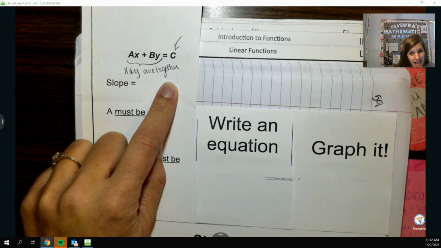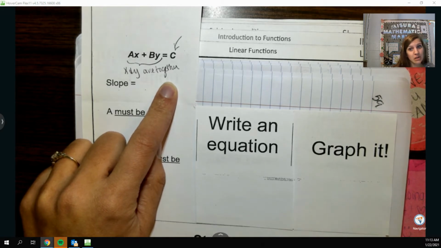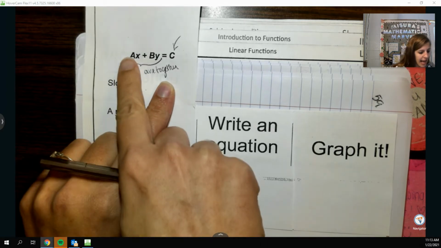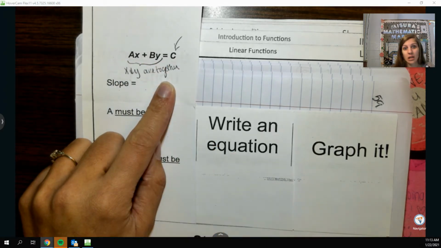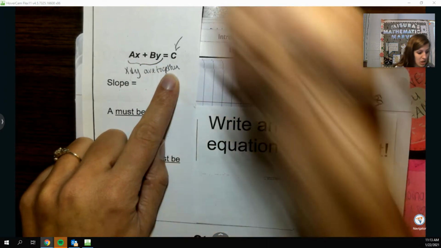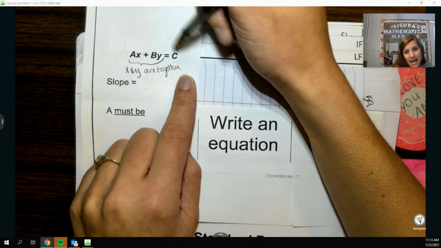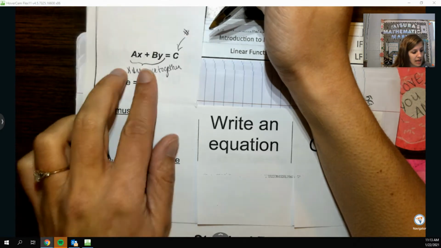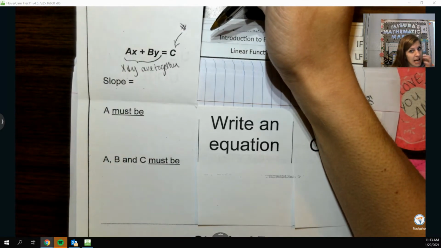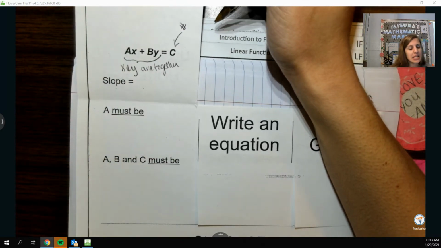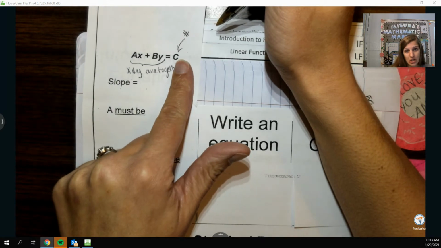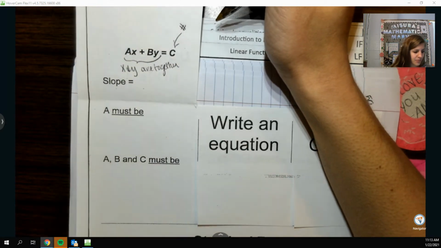Because again, there are a lot of crazy letters here right now, but A, B, and C are all going to be replaced with numbers. So C will just be a number, and there won't be any letter over there. The letters x and y will be together on one side, no parentheses, and then a number on its own will be on the other side, okay?